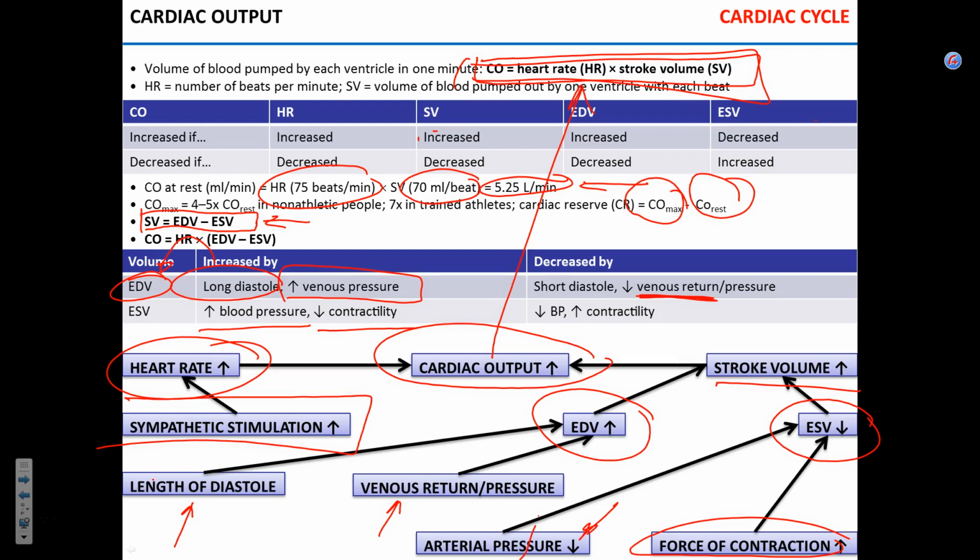Now, I want you to understand what this flowchart does here. It shows you all the options. Can you imagine a situation when you cannot do anything about EDV in a patient?